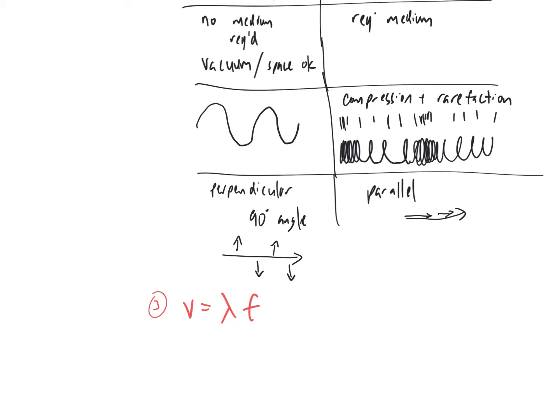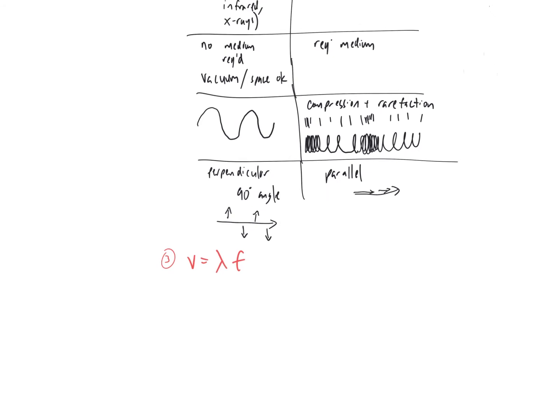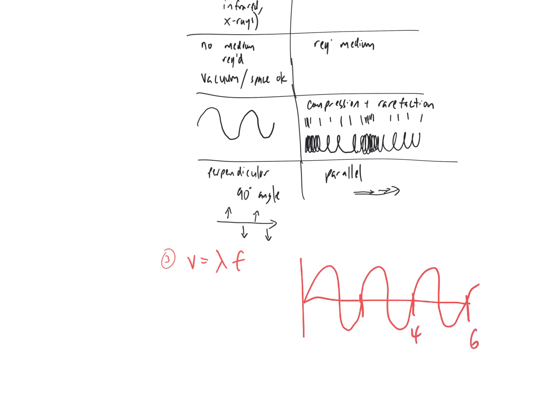So, if we have a graph that looks kind of like this, and I say, let's make this 6, 4, 2. Make this 3 and negative 3. And we'll make these meters.